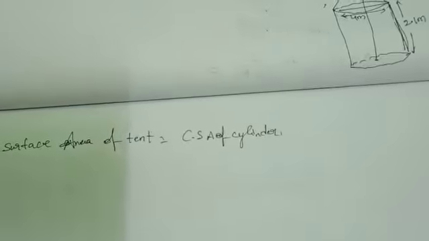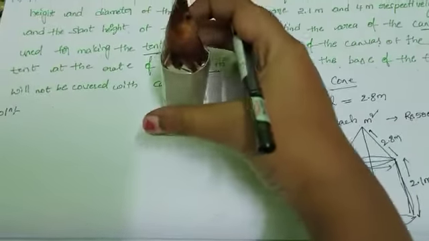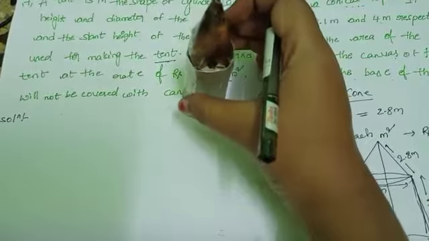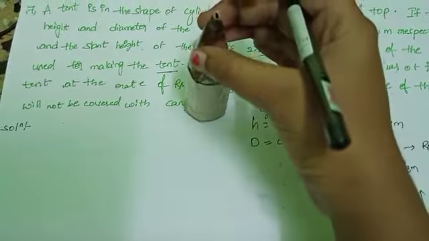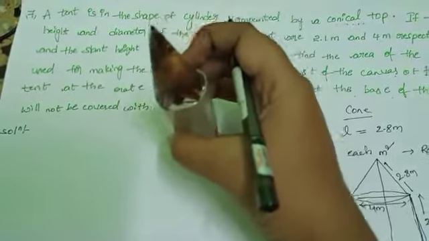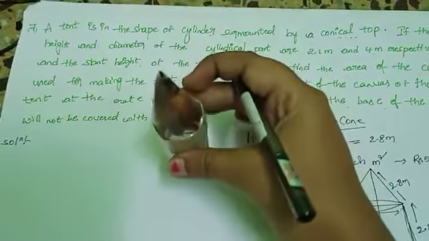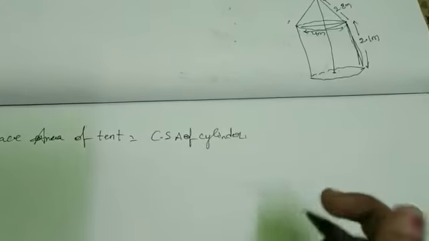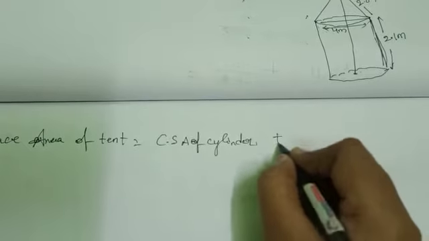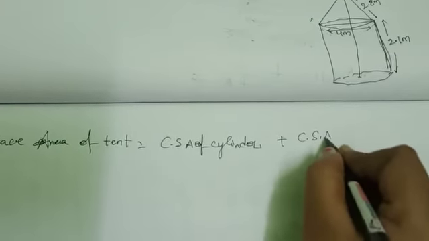Here canvas is used for curved surface area of cylinder and curved surface area of cone, not the base of the cylinder. So surface area of tent equal to curved surface area of cylinder plus curved surface area of cone.